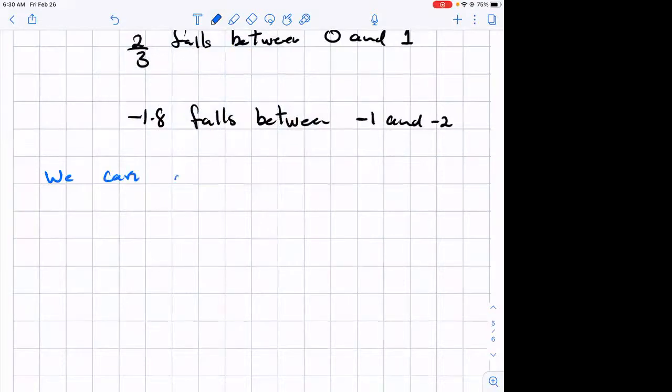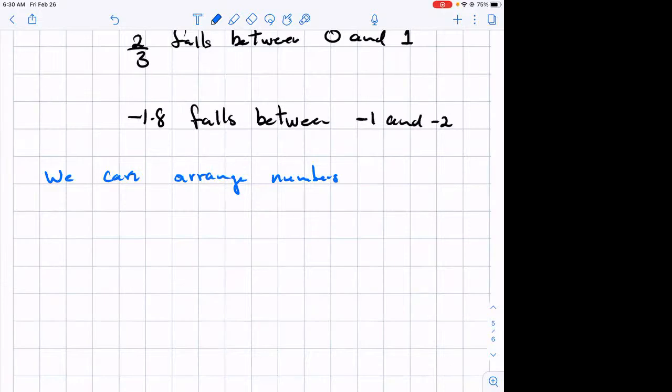So when we order numbers, we can order or arrange numbers. Okay? And we can put them in order, ordering numbers, right? Putting them in order. That's what we're thinking of.